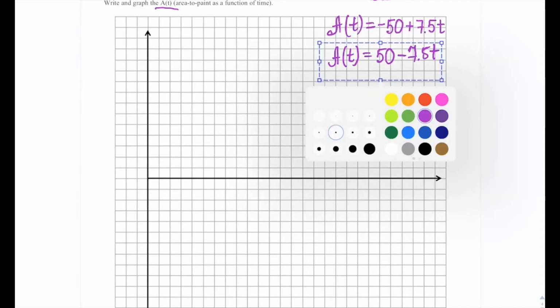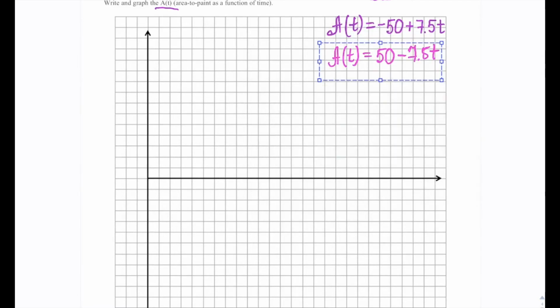So what I'm going to do, I'm going to color code it differently. So let's make this pink. If I am graphing the pink function right now, then I will start at 50. So I'd say 1, 2, 3, 4, 5. So that's 50. And then let's say 1 hour, 2 hours, 3 hours, 4 hours.